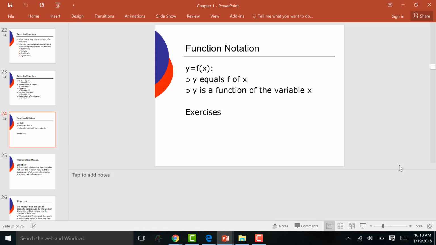The only reason it's written this way is because it tells you what to plug in. So if I say f of 5, in the place of this x I'm going to put a 5, and you're going to get some answer out.